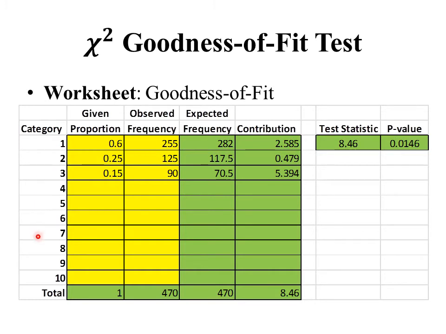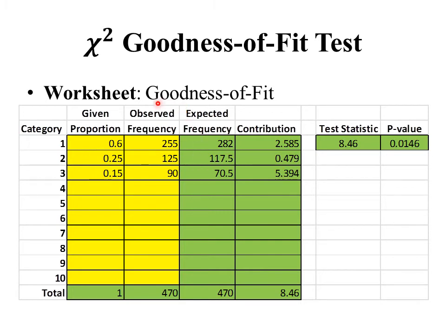In this worksheet we can enter up to 10 different categories, but we could really do more than that if we really wanted to. In the first column we're going to enter our given proportions, and these are the numbers that appear in our null hypothesis. The given proportion or the claimed proportion of the first category is 0.6, the second 0.25, and the third is 0.15.